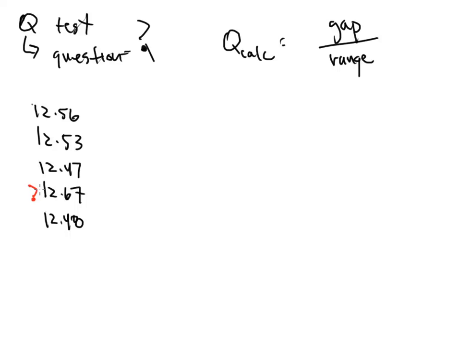Typically, what most people do is that they question the highest or the lowest point in the data set. You don't want to really question the middle point because that middle point probably is closer to the other points in the data set. It's typically the extremities, the really low one or the really high one.